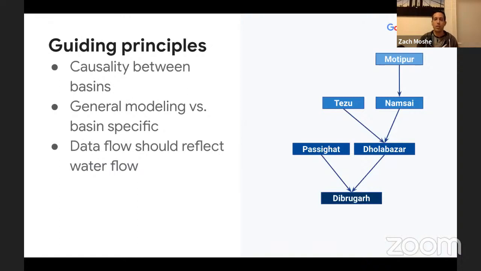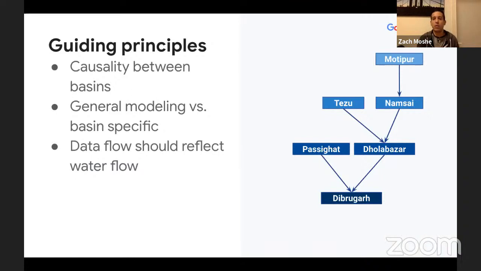That will allow us to use stronger models. Having said that, the other part of the modeling has to be basin specific, so we'll see in a minute how we did that. And as a nice property, we thought that data should flow in the network as water flows in the river, and that would help us accomplish the first task.